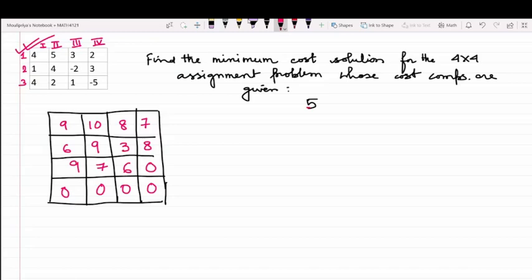So if I add 5 to the elements, all the elements would be positive, right? So that we have done. And since it's an unbalanced problem, we need to introduce a fictitious employee 4, and we will assume that the cost of relocation of 4 to all the 4 cities is 0 each.